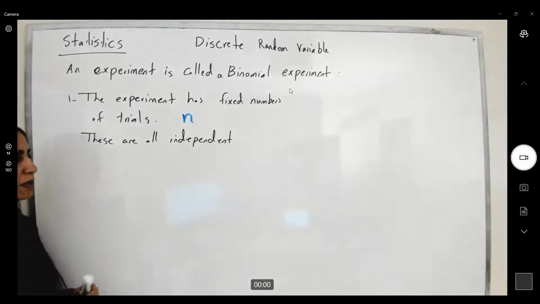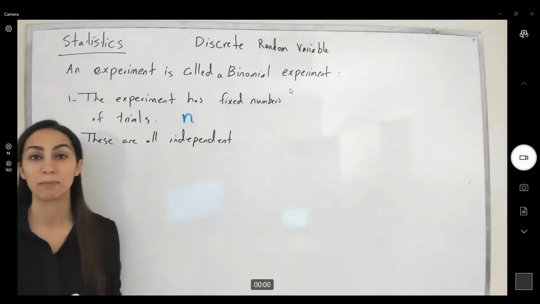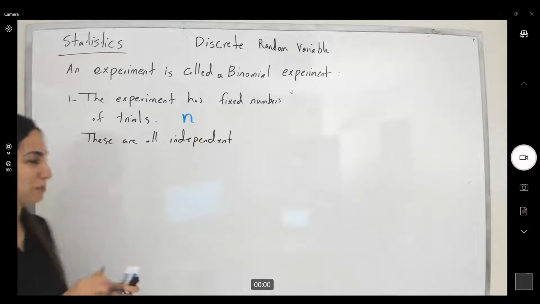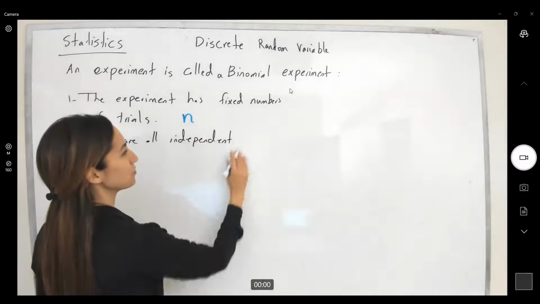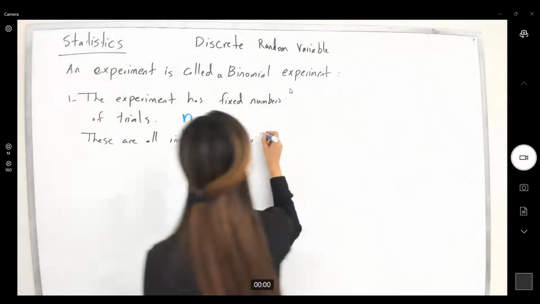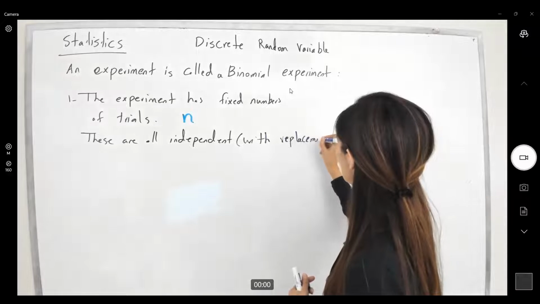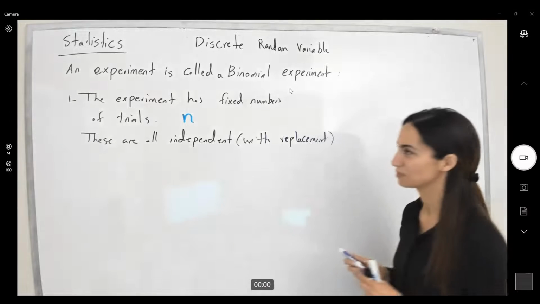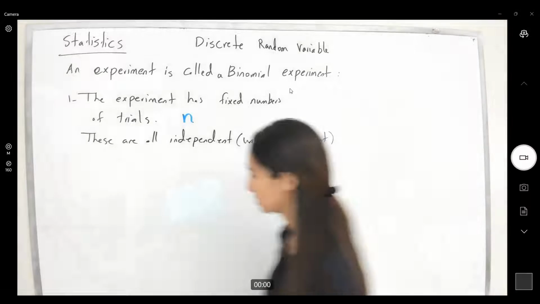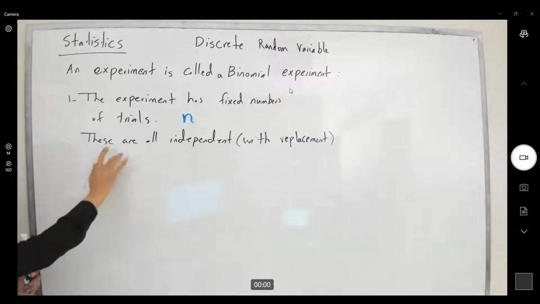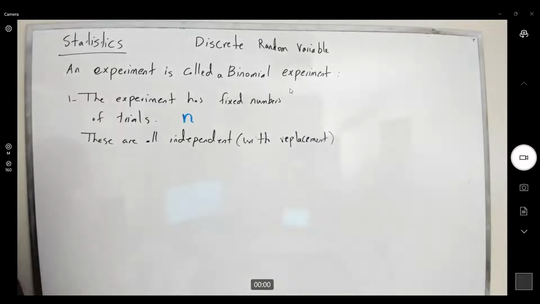Remember that the word that we associated with independent events was "with replacement," right? So we have an experiment that has a fixed number of tries and they are all independent from each other.